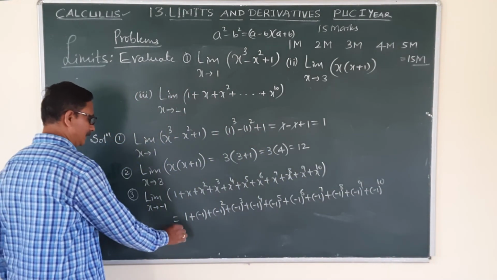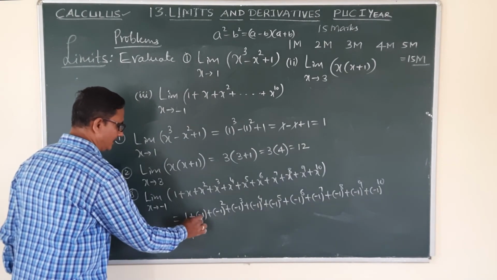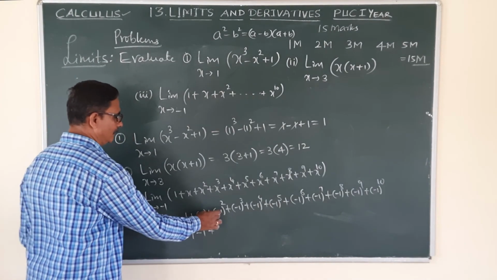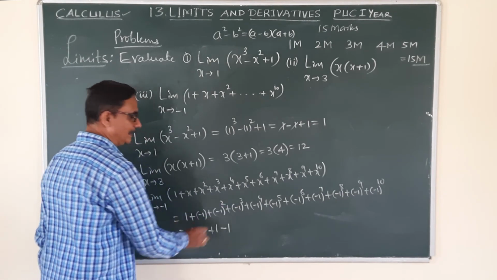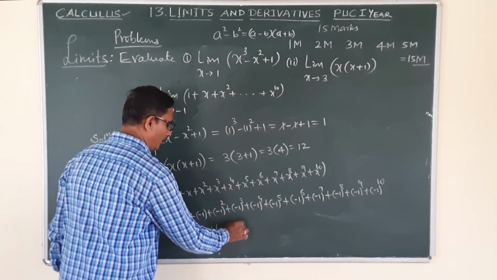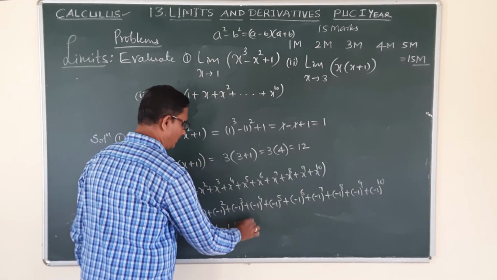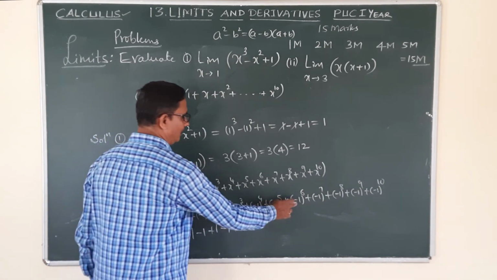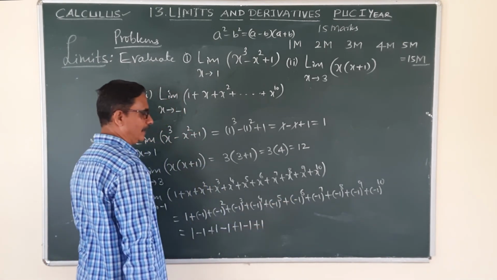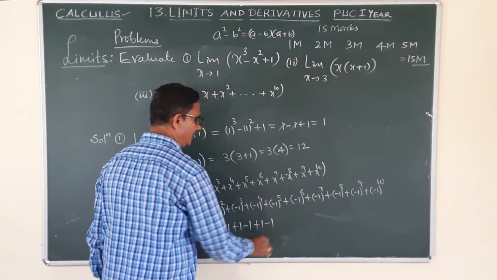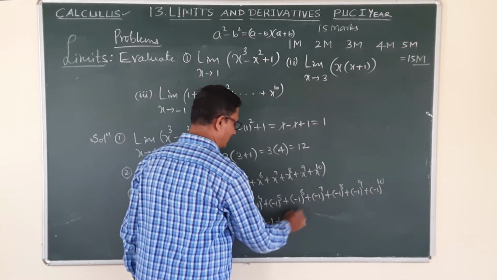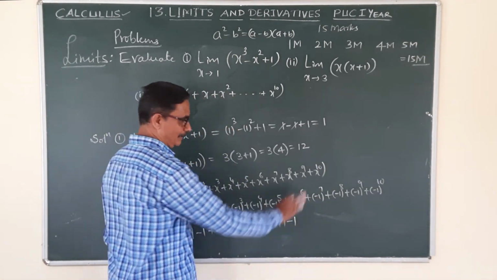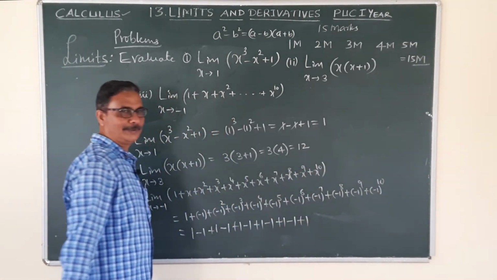Then simplify. So 1 plus minus 1 plus minus 1 square plus 1 minus 1 cube minus 1 minus 1 power 4 plus 1 minus 1 power 5 minus 1 minus 1 power 6 plus 1 minus 1 power 7 minus 1 minus 1 power 8 plus 1 minus 1 power 9 minus 1 minus 1 power 10 plus 1.